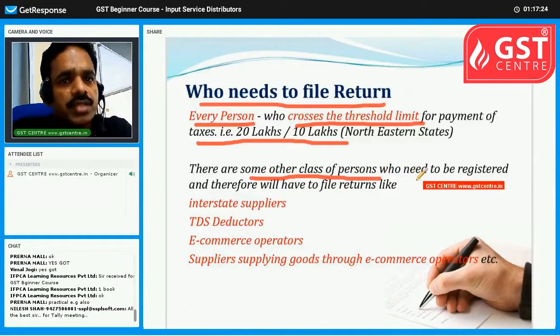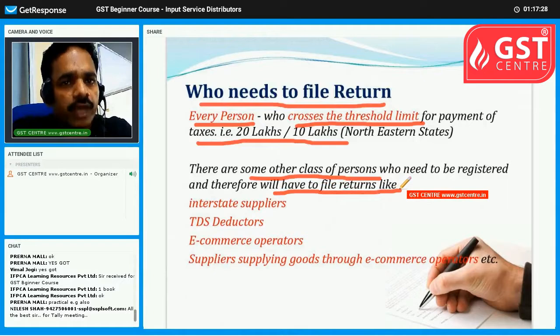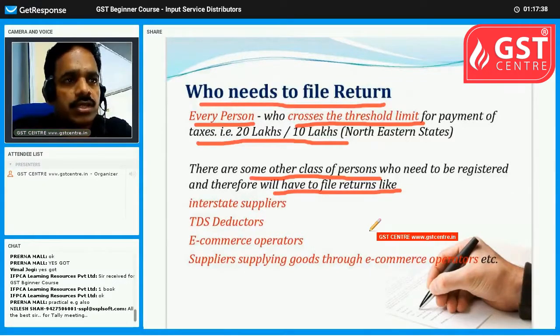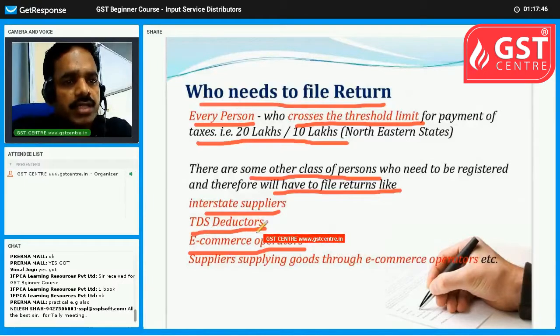And there are some other classes of persons who need to be registered and therefore will have to file the return, like mandatory taxable persons. They have to file their returns even though they didn't cross the threshold limits, because the threshold limits are not applicable to them. Like interstate suppliers, TDS deductors, e-commerce operators.